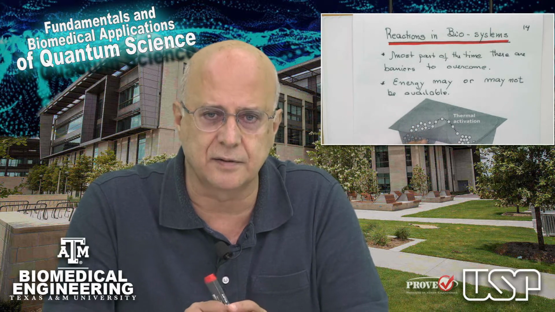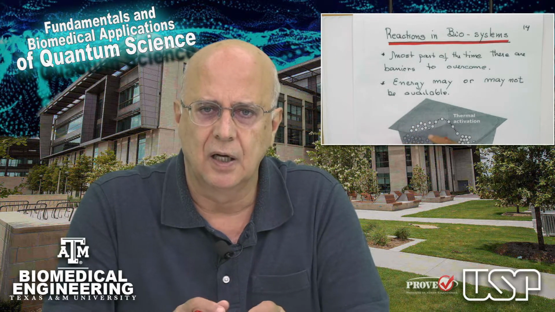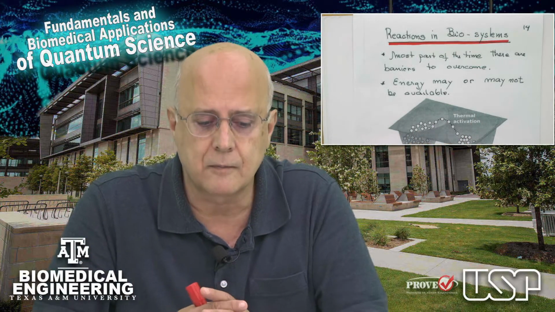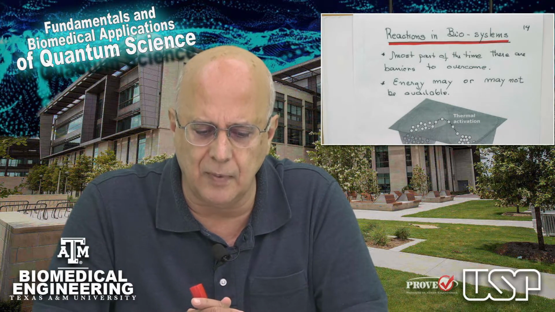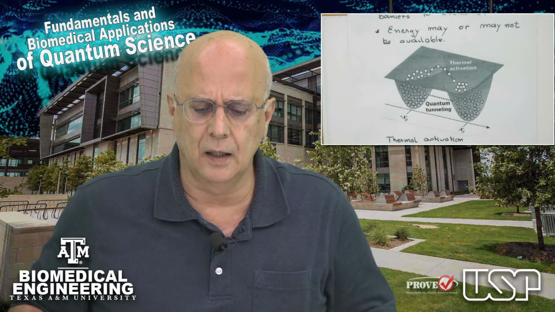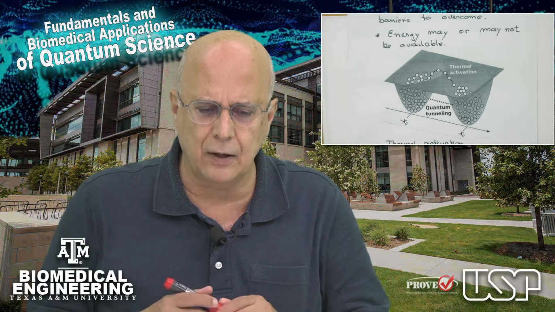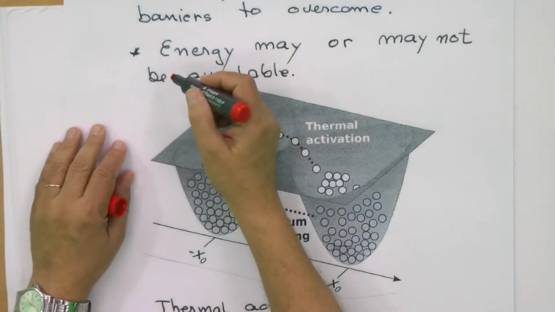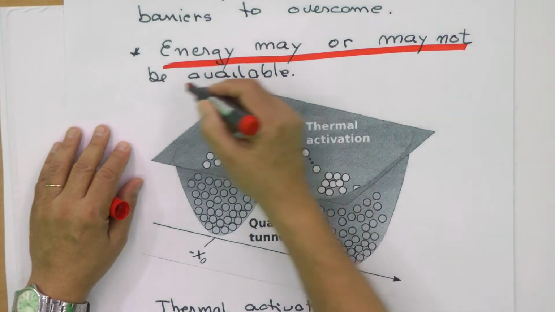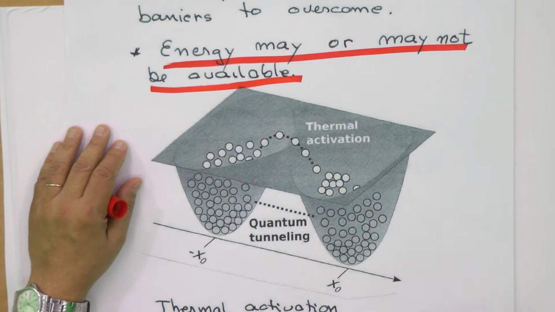And in those cases, the tunneling effect helps things to take their natural course and go on. So normally, when we have those biosystems, energy may or may not be available for many of the reactions that will take place.